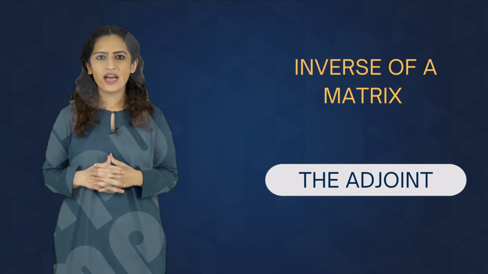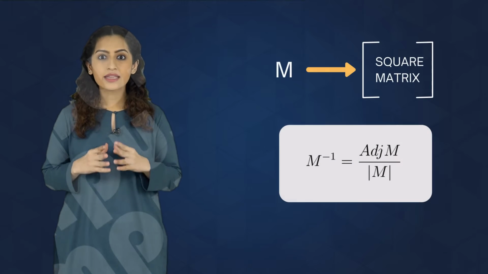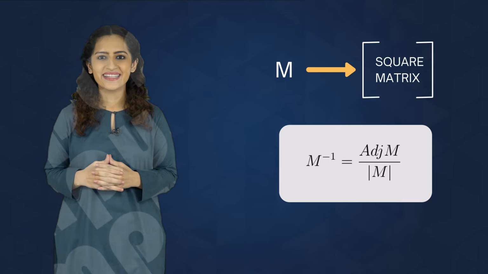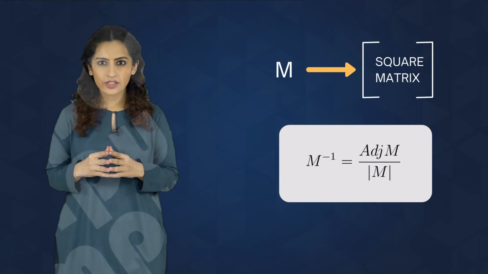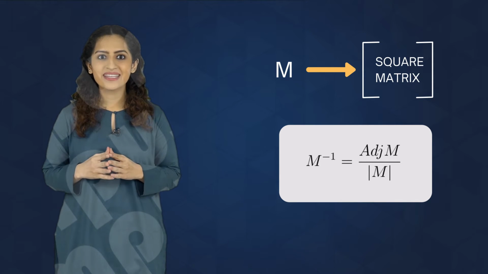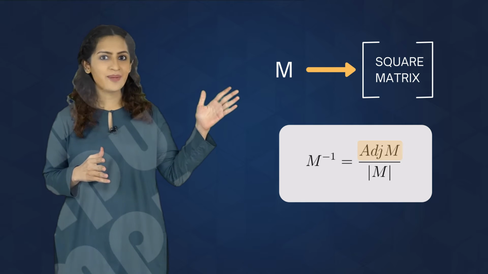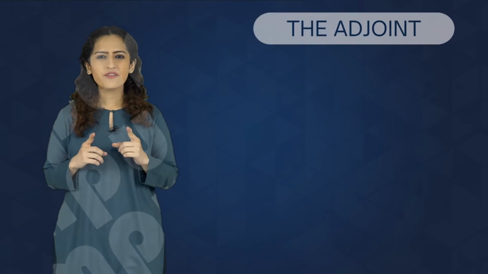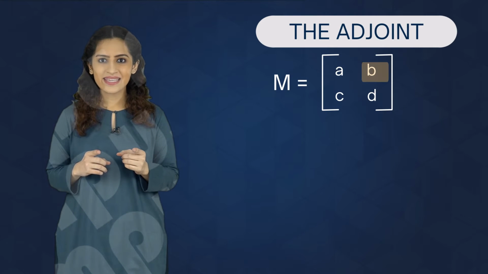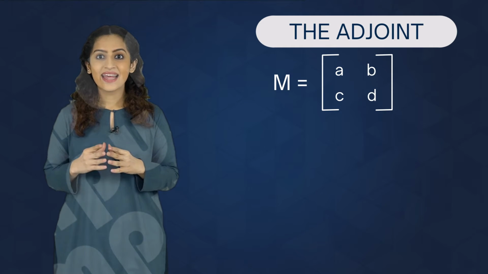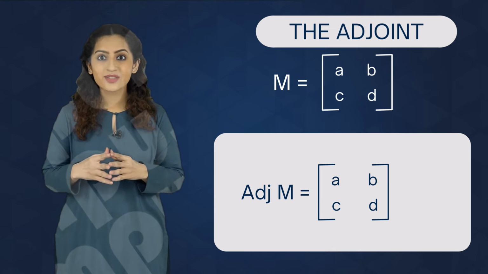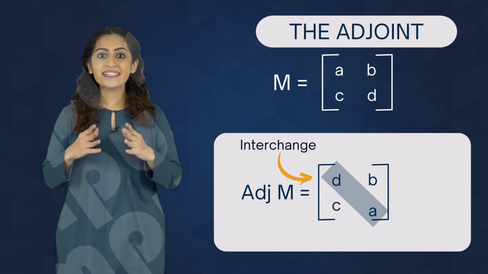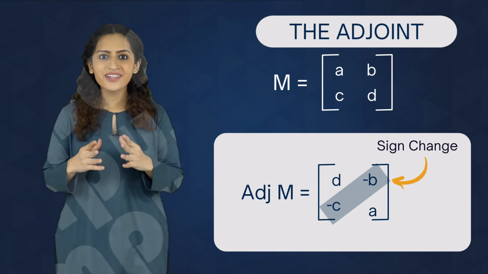Let's get started. First of all, take a look at the formula. I'll leave it written here for reference. If M is a square matrix, then the inverse of M is given as the adjoint of M divided by the determinant of M. If M is A, B, C, D, then its adjoint is obtained by interchanging the diagonal entries and changing the signs of the other entries.